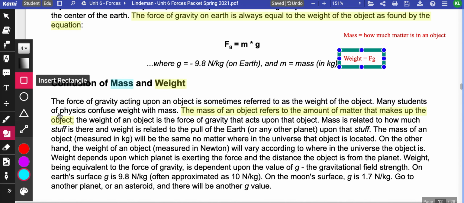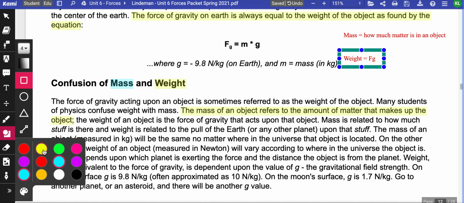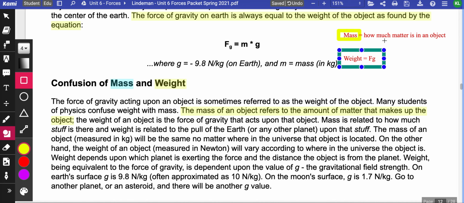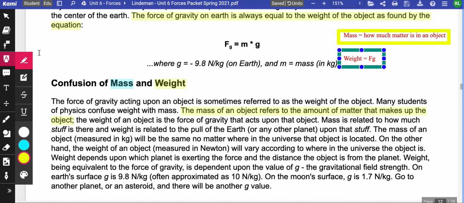Okay, so just to really try to make this as clear as possible. Let me go back to markup. Okay, again, the weight of an object is the force of gravity that acts upon that object.